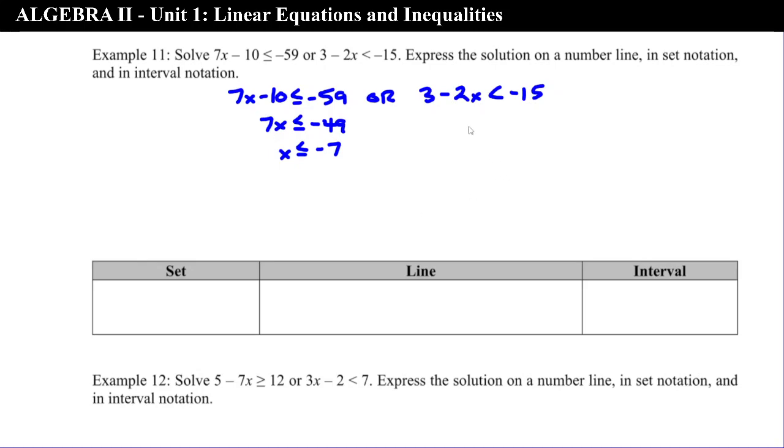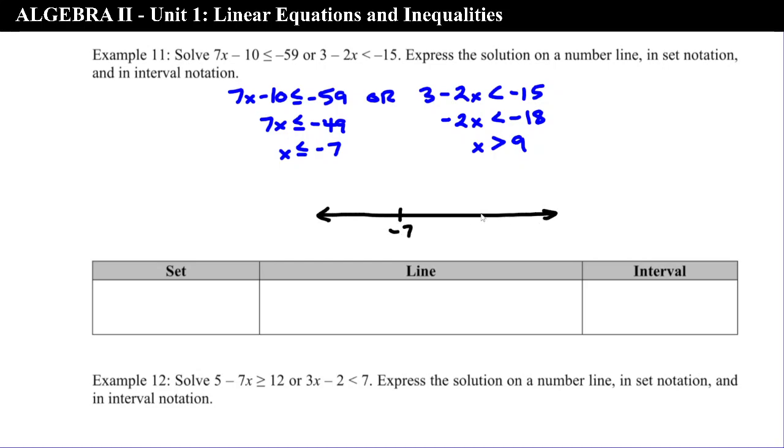On the other inequality, let's subtract 3 from each side. That gives us negative 2x is less than negative 18. And divide each side by negative 2. Now we have to flip the sign, and we get x is greater than 9. All right, so now let's graph our inequality. And let's graph each part first.